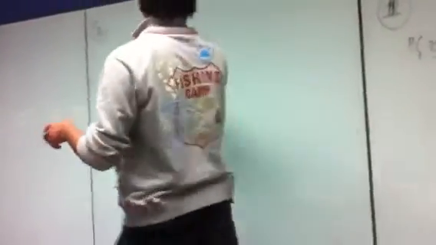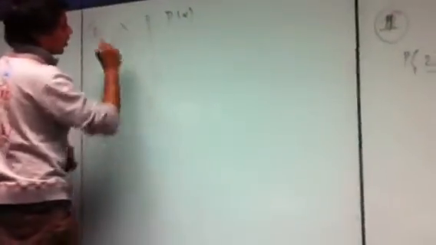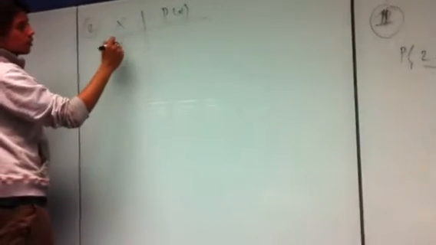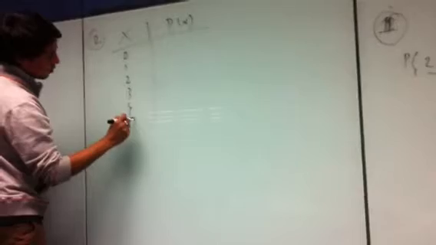To find the mean, you have to find the sum of X times P(X). Tell me what X and P(X) are. My X is 0, 1, 2, 3, 4, 5, 6, and 7.